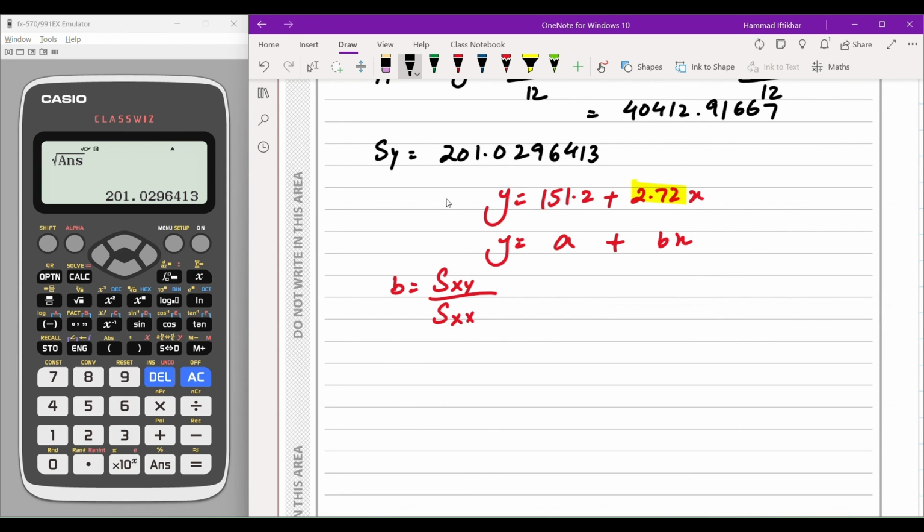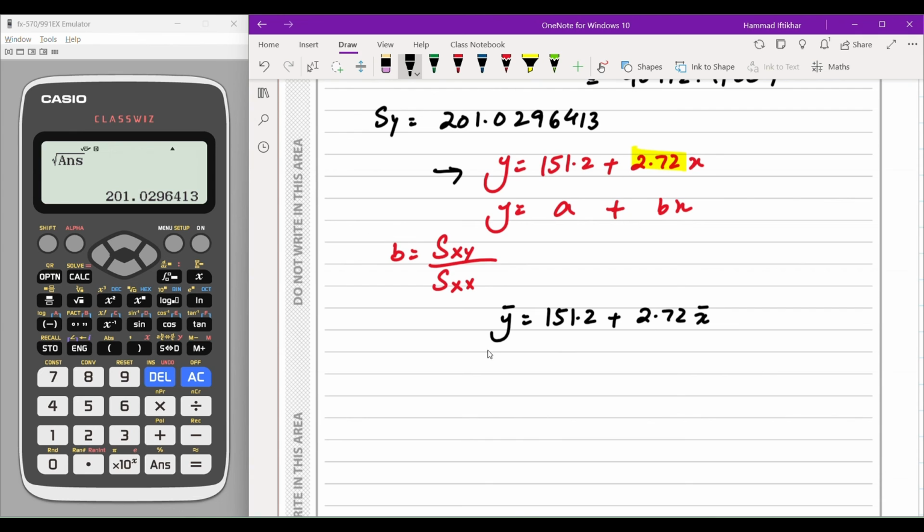We know that when we have this equation, you can repurpose it to allow for the mean also. So y bar is equal to 151.2 plus 2.72 x bar. So sigma y over n is equal to 151.2 plus 2.72 sigma x over n.